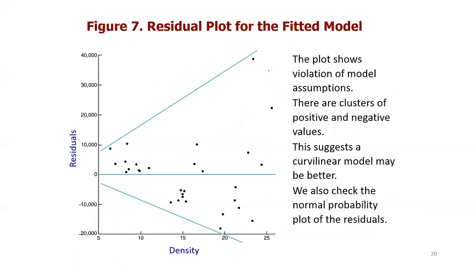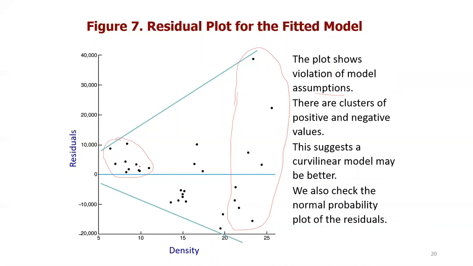So if we plot the residuals, as you see, here the variance is small, and here you have a larger variance. So it turns out that the model assumptions are violated. There are clusters of positive and negative values.